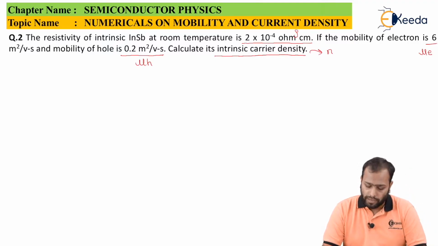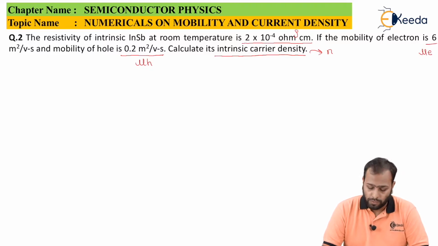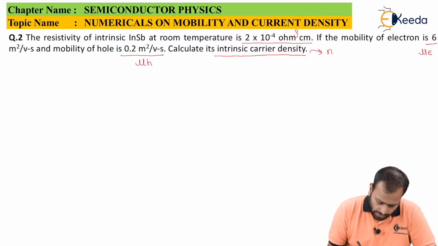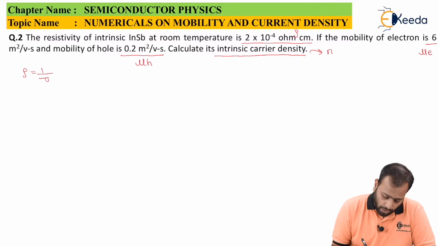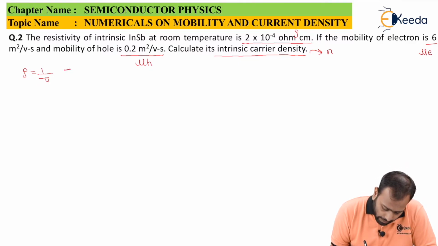Now, the only difference between this question and the previous question is that in the previous question, sigma or the conductivity was given directly, and now sigma is not given directly, it is given indirectly in the form of resistivity. Now, we all know that rho is nothing but 1 upon sigma, or I can say that sigma is 1 upon rho.